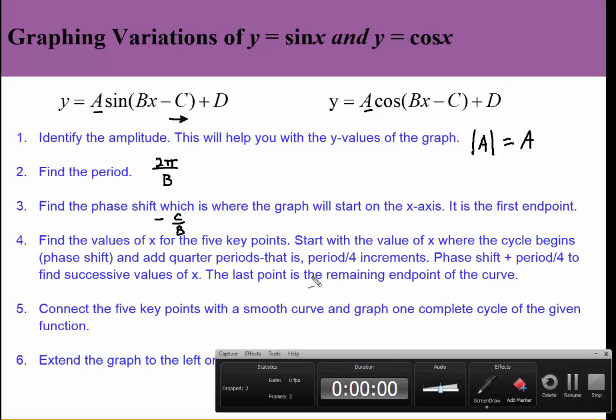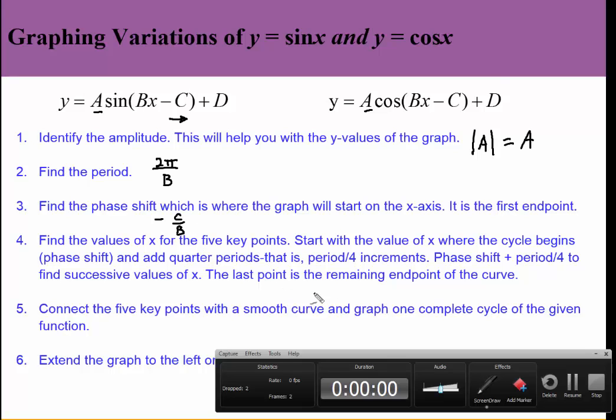In step 4, we're going to find the values of x for what's called the 5 key points. We're going to start with the value of x where the cycle begins, the phase shift here, and we're going to add quarter periods, or period divided by 4 increments, to whatever we start at on this phase shift.